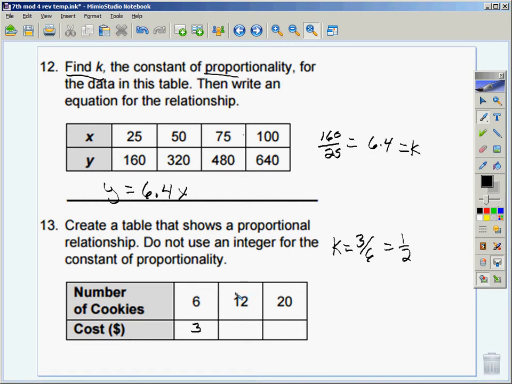And if I went from 6 to 12, this is going to go from 3 to 6. And if I'm using half of 20 is going to be 10. And this is a sample of how you could have done this, because this could have been pretty much anything so long as it wasn't 6, 6, 12, 12, 20, 20.